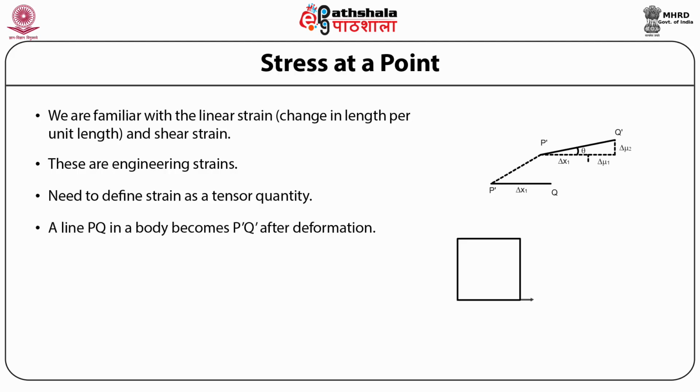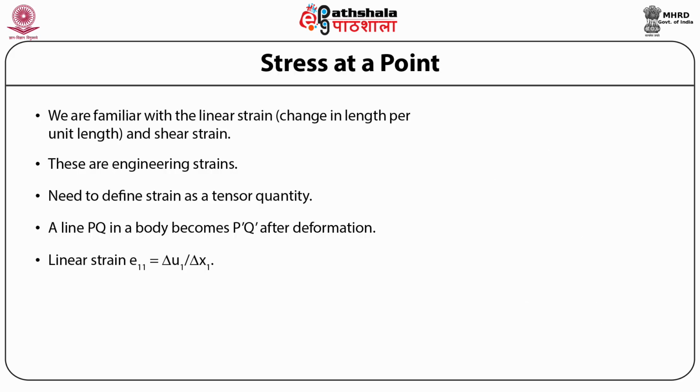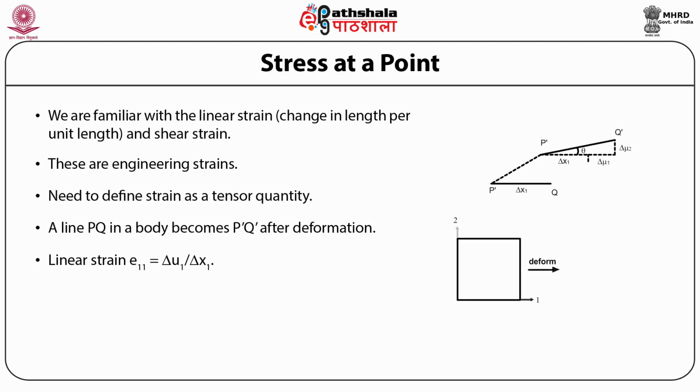Consider a line PQ in a body which becomes P prime Q prime after deformation, as shown in this figure. The length delta x1 of PQ has now increased by delta U1. The linear strain E11 is therefore the extension of PQ per unit length along the x1 axis, that is, delta U1 by delta x1.